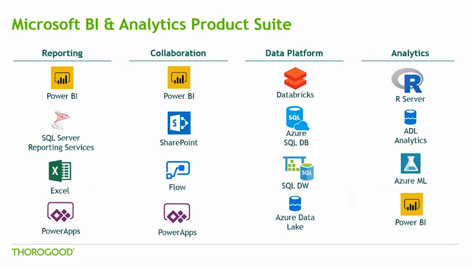The Microsoft BI and Analytics product suite is quite expansive, and only a small portion of the products are shown here on the screen. We've tried to categorize the products in many ways, but feel that grouping them into these 4 categories, reporting, collaboration, data platform, and analytics, helps to best communicate the extensive broad reach that Microsoft spans. Some tools like Reporting Services or SharePoint are focused on a specific set of functionality in reporting or collaboration.